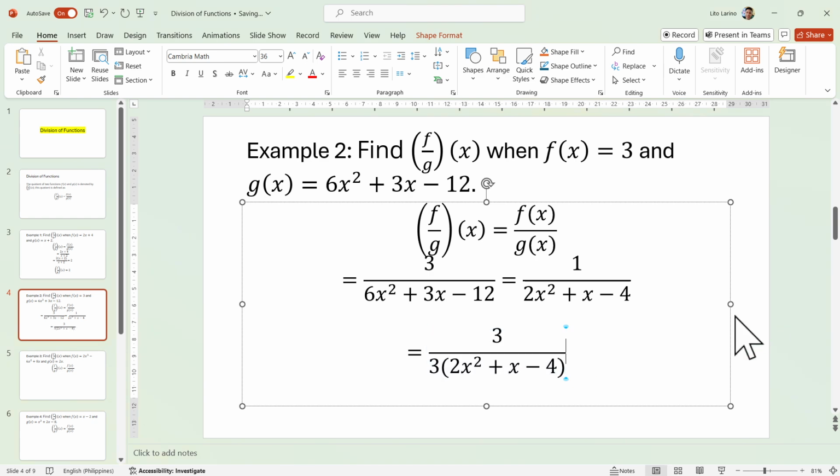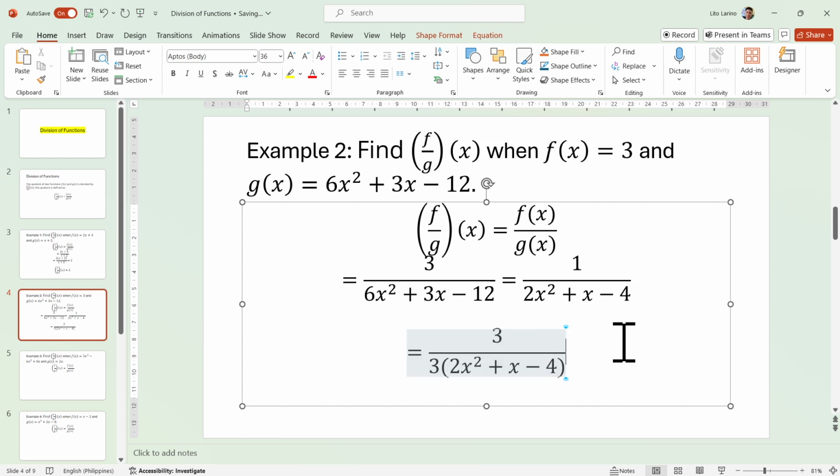Now, that is 3 over 3 times 2x squared plus x minus 4. So we factored out our denominator with a common monomial factor of 3. 3 times 2x squared is 6x squared, 3 times x is 3x, 3 times negative 4 is negative 12. Thus, the common monomial factor is 3. And we cancel out. 3 over 3 is 1. Thus, we have our quotient 1 over 2x squared plus x minus 4.